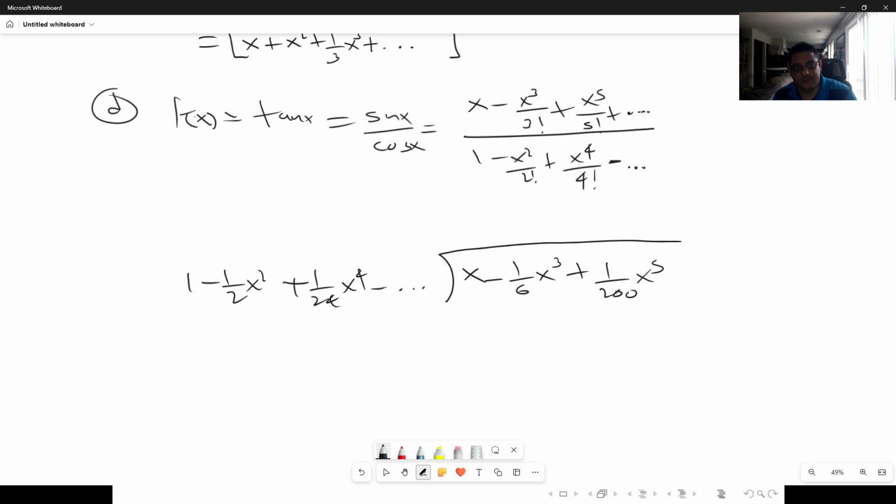minus. So you're dividing this by this, and so what you do is you try to get the first couple terms. For example, the first one is going to be an x, and so when you multiply x by this, you're going to find out that this is x minus 1/2 x cubed, multiplying this here, plus 1 over 24 x to the 5, and then minus and continue.